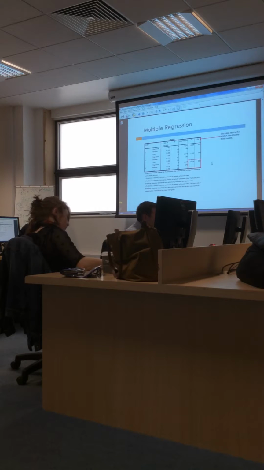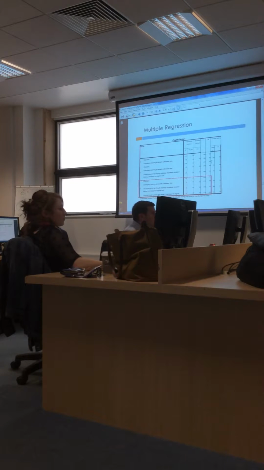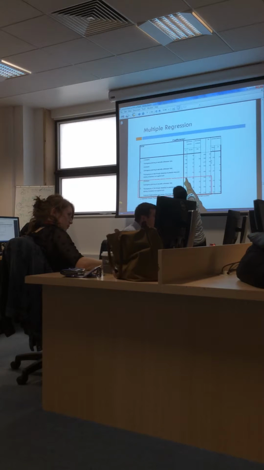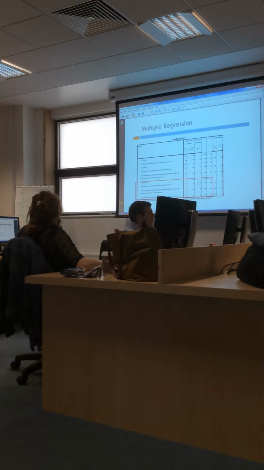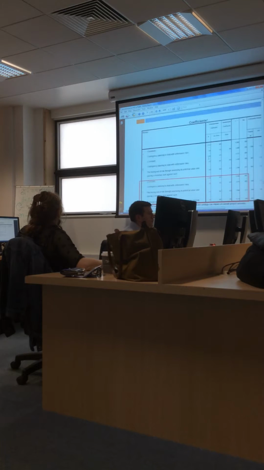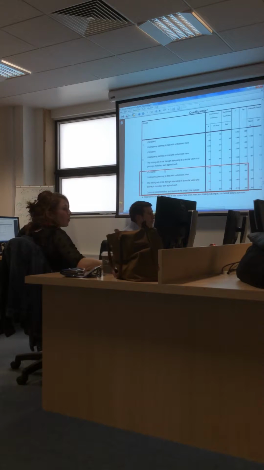And then last but not least, we have the coefficients table. This table will help us write the equation that I was talking to you about. Here we have our beta values. This is the constant, which is B naught. Our outcome variable is project success.